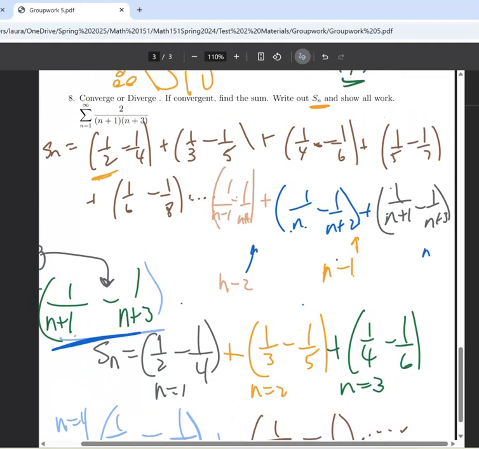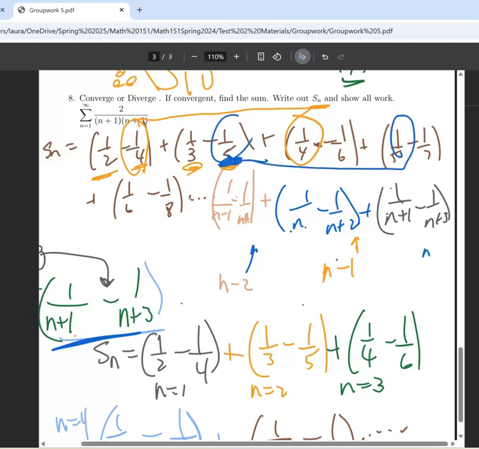So 1/2, that stays. Oh, there it is, 1/4. Last one in this group, skip a group, first one in this group. 1/3, it stays. 1/5, last one in this group, skip a group, first one in this group.